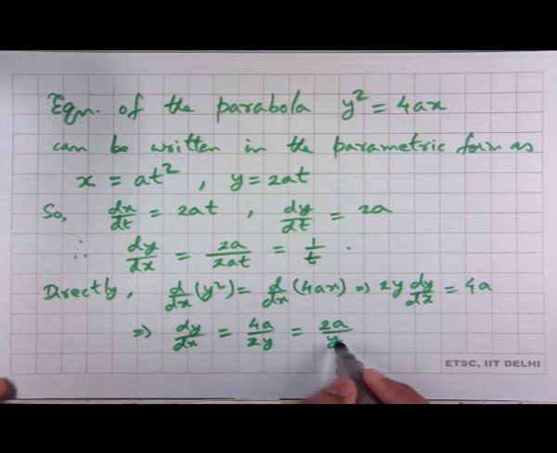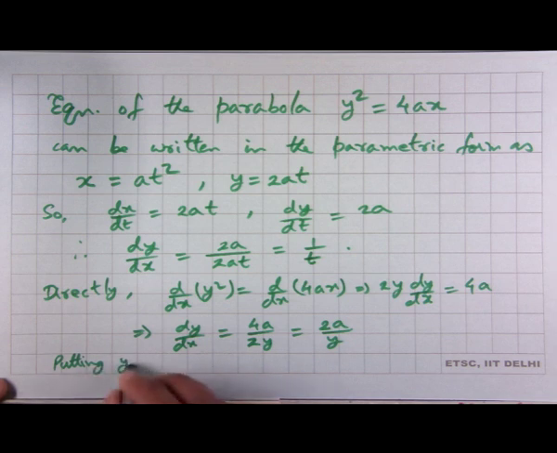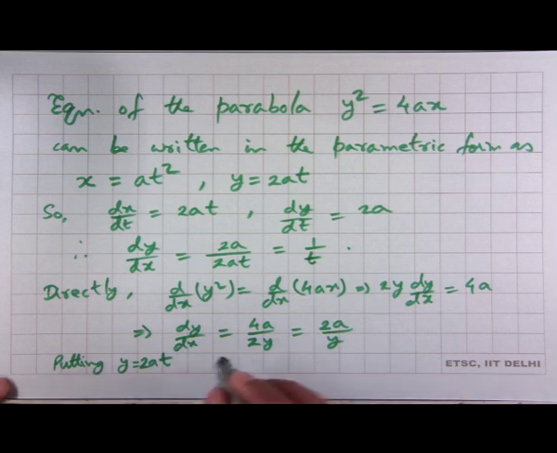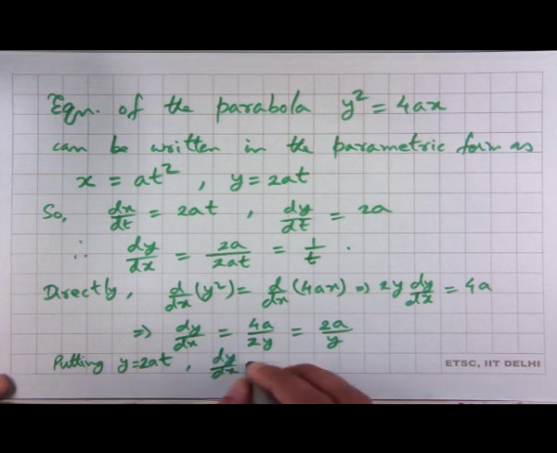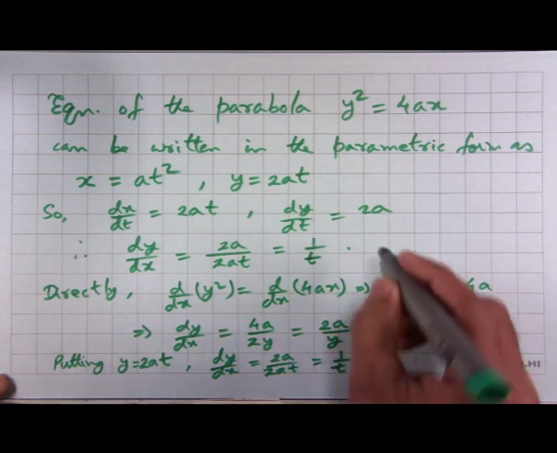Putting y equal to 2at, we get dy dx is 2a divided by 2at, which is equal to 1 by t, which is same as this one.